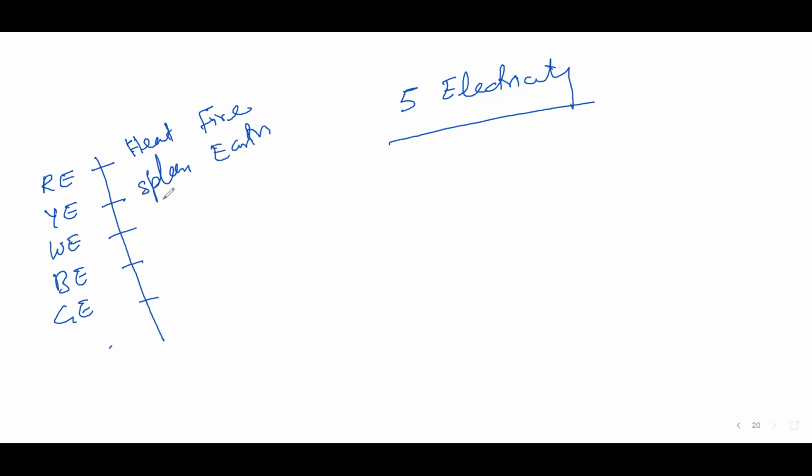White electricity is very useful for the lungs, metal. Blue electricity is very useful for the kidney or water. Green electricity is very useful for the liver.